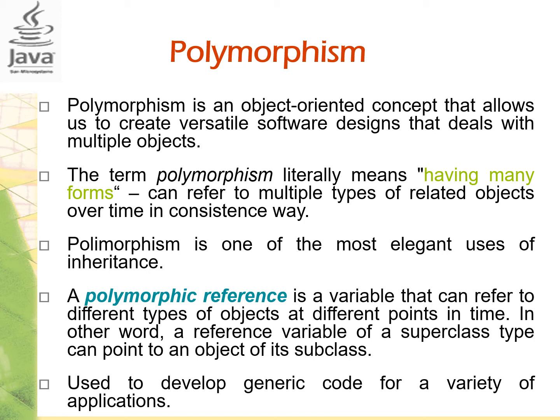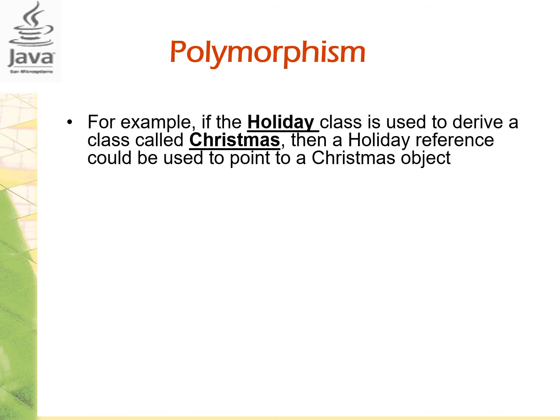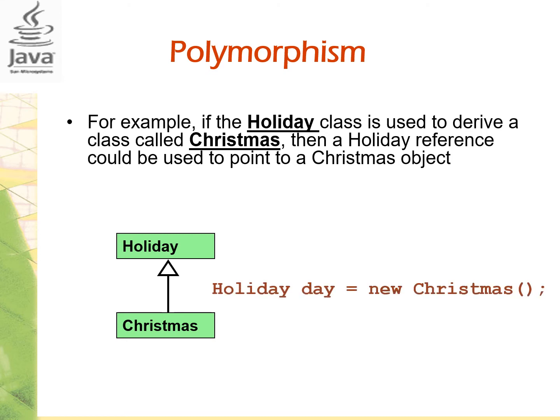One time the type of the variable is the superclass, and later on it's an object of a subclass and so on. So it's used to develop generic code for a variety of applications.